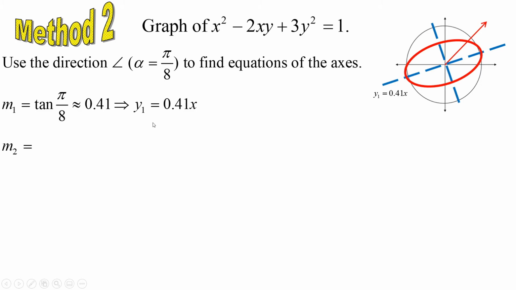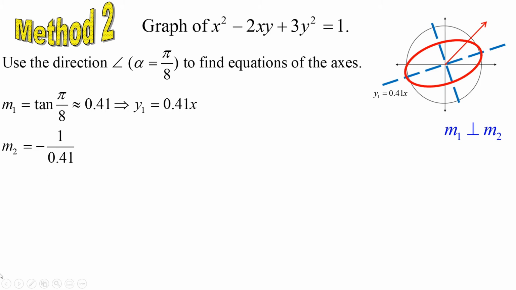So, what do you guys know about perpendiculars? Well, aren't perpendicular slopes negative reciprocals of one another? So that would imply m sub 2 would have to be the opposite of 1 over 0.41. Yeah, they're perpendicular, just like that. So let's punch this out. Negative 1 divided by 0.41.